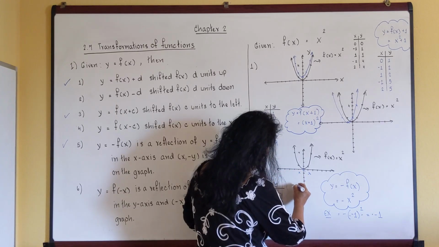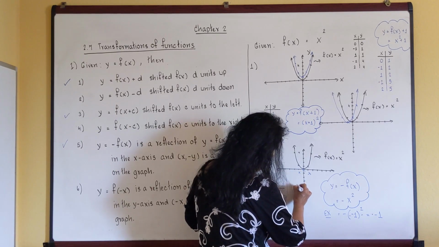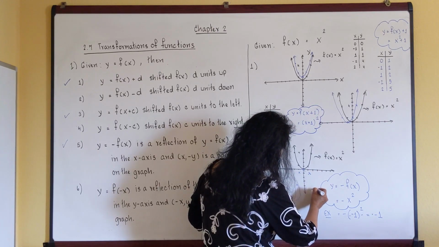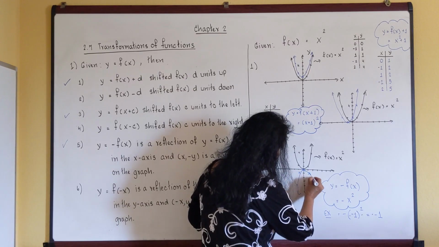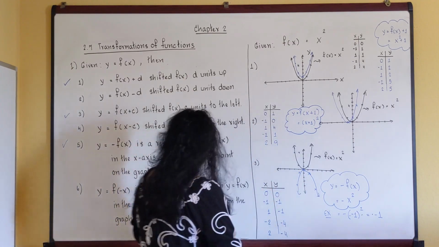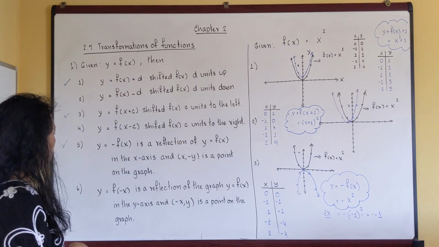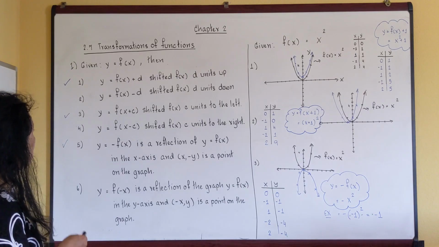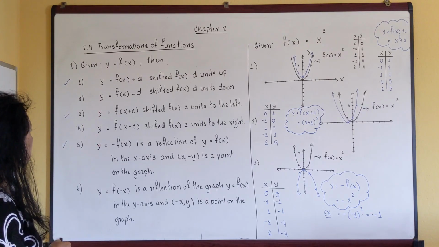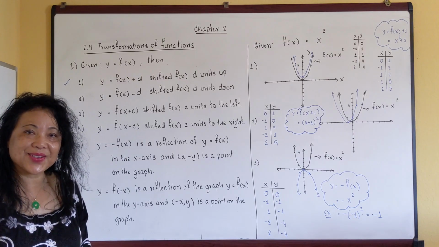If x is 2, y is negative 4: 1, 2, 3, 4. So it's going to be something like that. As the theorem said, it's reflected about the x-axis. All right, so I want you to concentrate on these six definitions, and I will see you next section.